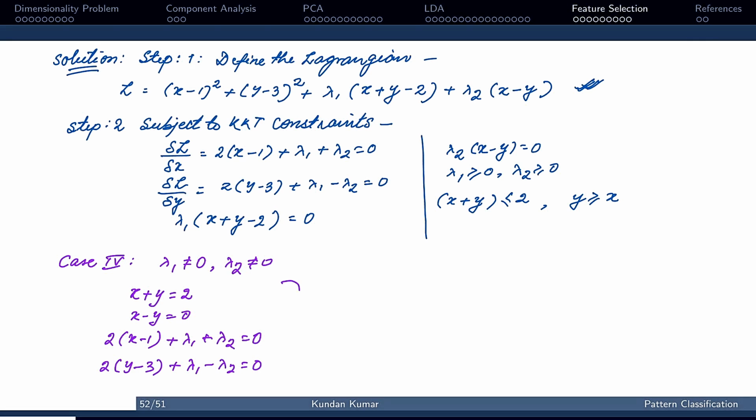And if we solve these four equations, we will get the solution x equal to 1, y equal to 1, and lambda 1 equal to 2, and lambda 2 equal to minus 2. But we have the constraint that lambda 2 should be greater than or equal to 0. That means this is not a feasible solution.